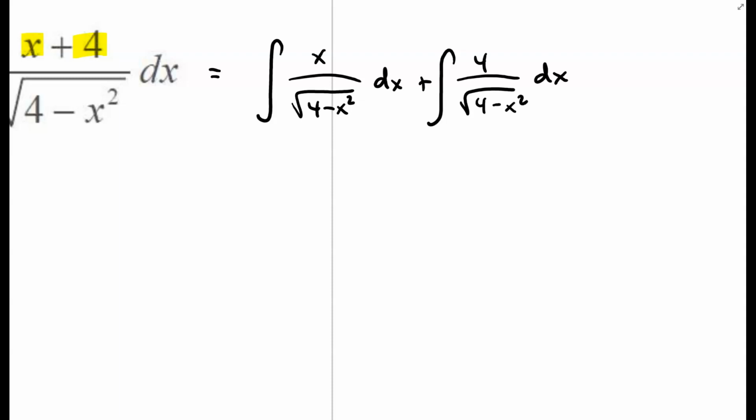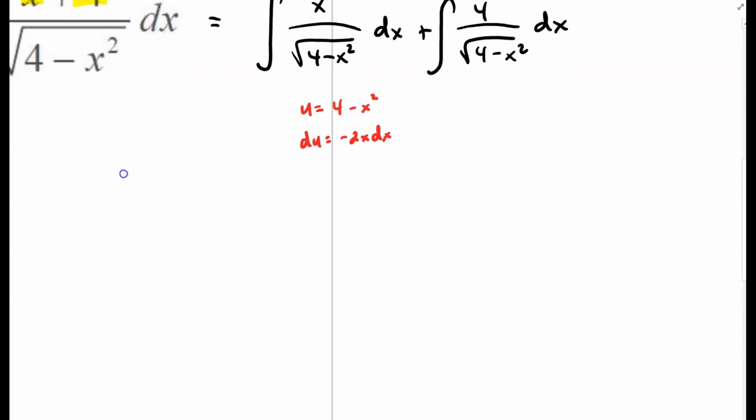So for our first integral here, I'm going to let u be equal to 4 minus x squared. And then the derivative of this is negative 2x dx, okay? And let me set this up. So this is the integral of 4 minus x squared to the power of negative 1/2, times x dx. And what I'm going to do is introduce a negative 2 here and then balance it with a negative 1/2 in the front.